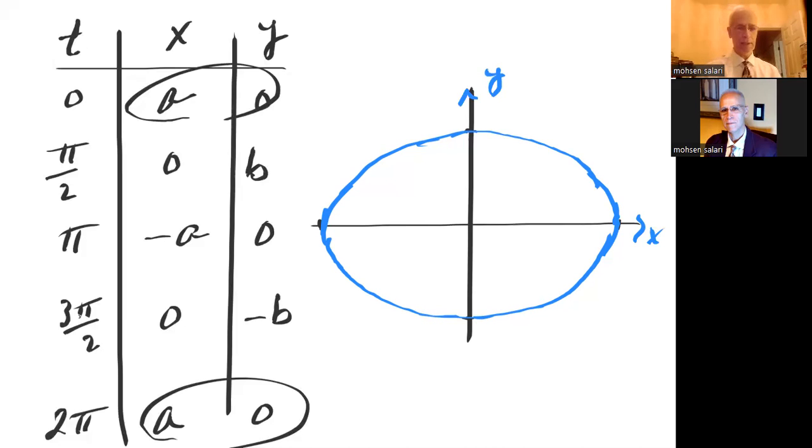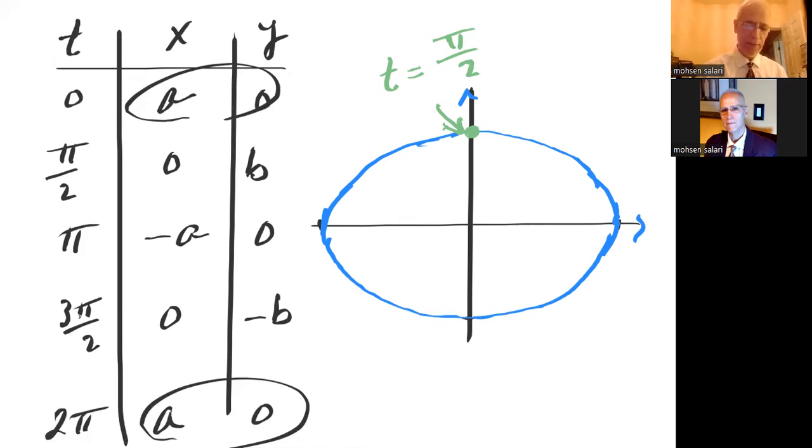This point right here is t equals pi over 2, 0 comma b. You can name the other points as well, but just one is good enough.